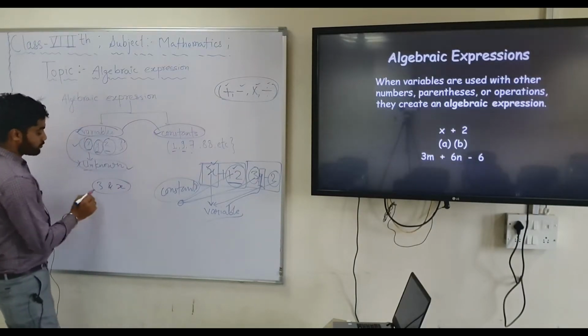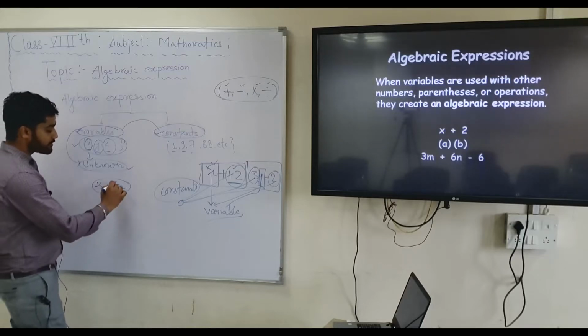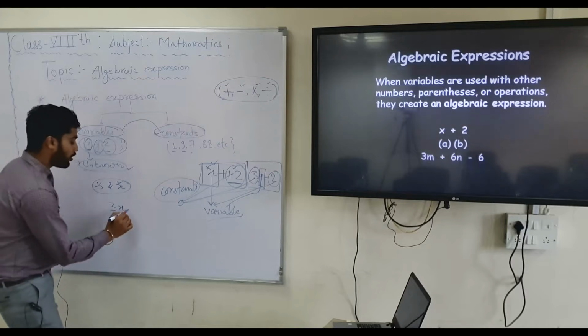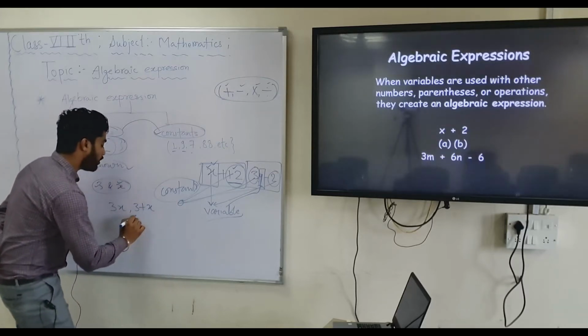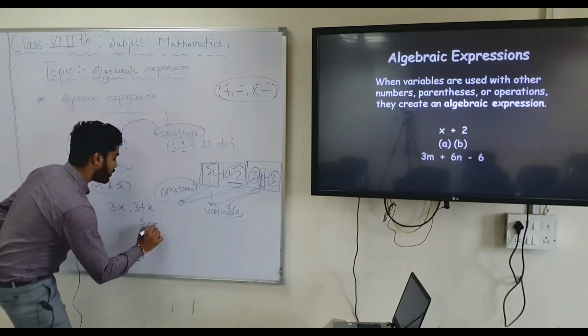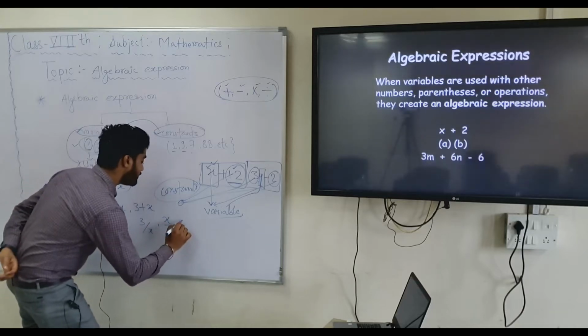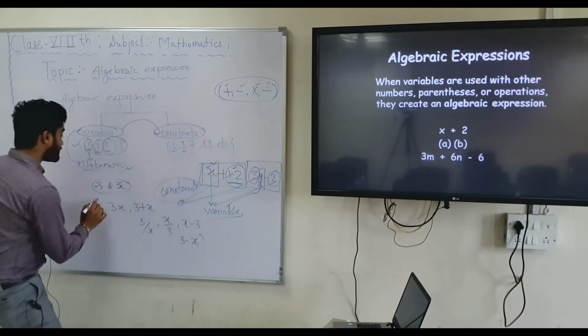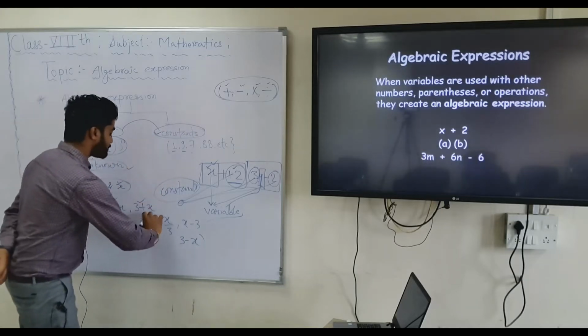First one is a constant, second one is a variable. So we can make it 3x, or 3 plus x, or 3 upon x, or x upon 3, or x minus 3, or 3 minus x. All of these are algebraic expressions.